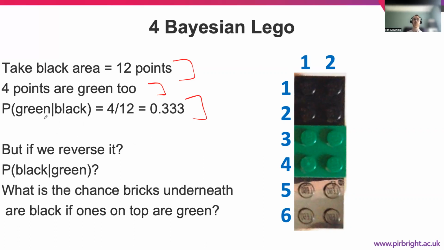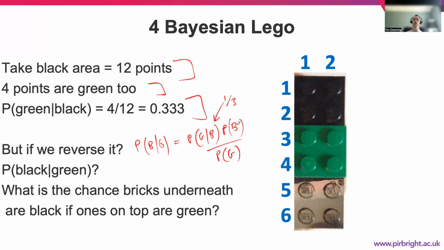So the probability of black given green is going to be the probability of green given black, which we already have, 1/3, multiplied by the probability of having black, divided by the probability of having green. So that's 1/3, which is known.